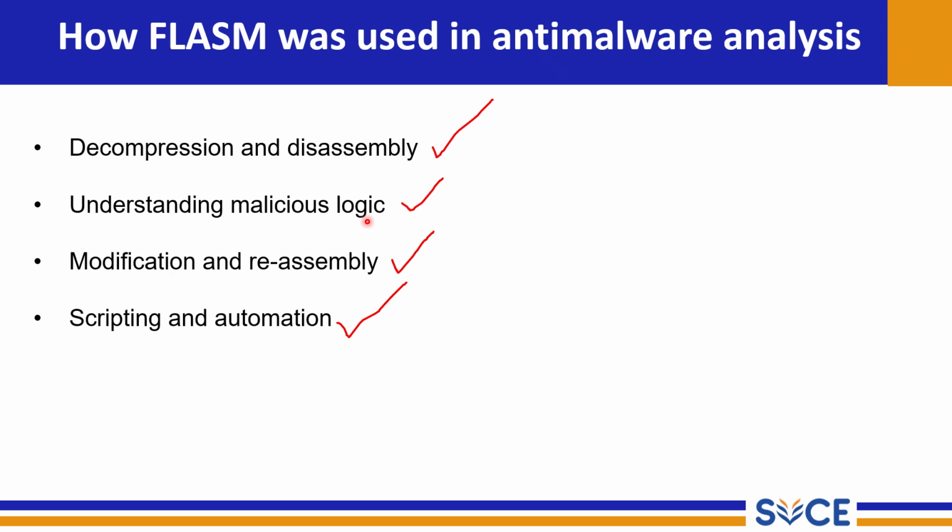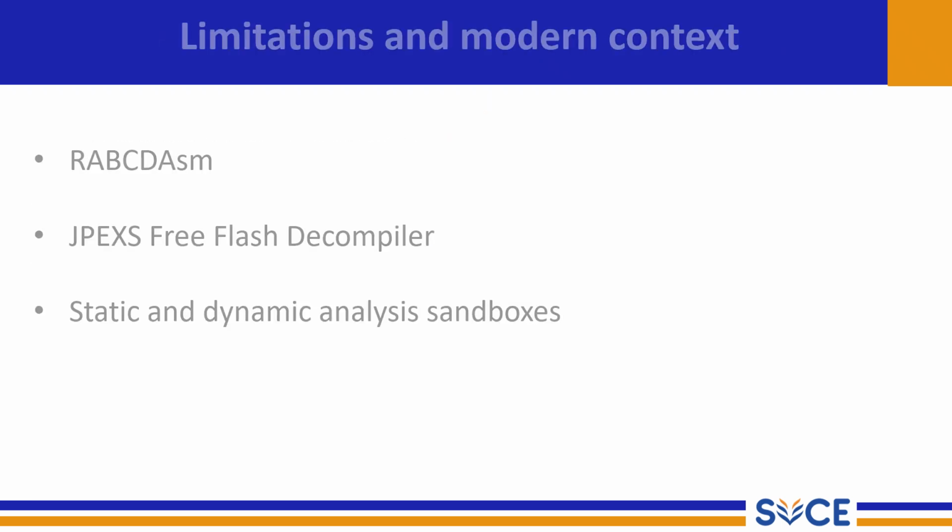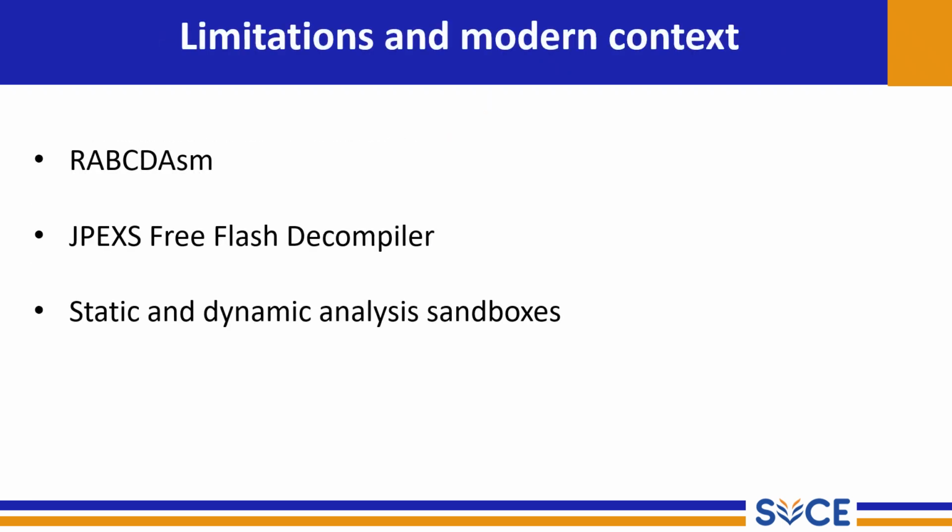Okay. And next, what are the limitations and modern context? Now let's discuss. The primary limitation was its lack of support for newer ActionScript versions such as ActionScript 3.0, which is used by Flash 9 and later.